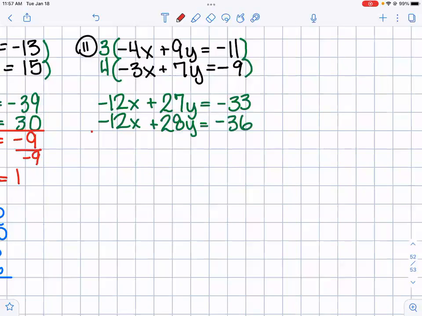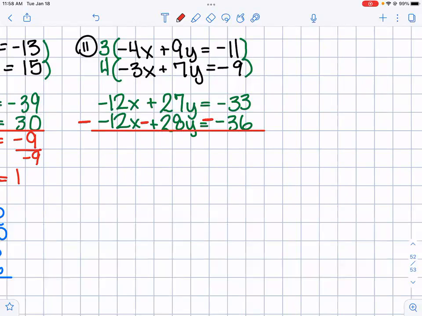Okay, should I subtract or add to make these 12s cancel? Think about your rule. If they're the same, you subtract. Same subtract, different add, right? So we're subtracting all these. If you need to go in and write a subtract on every one of these, go for it.